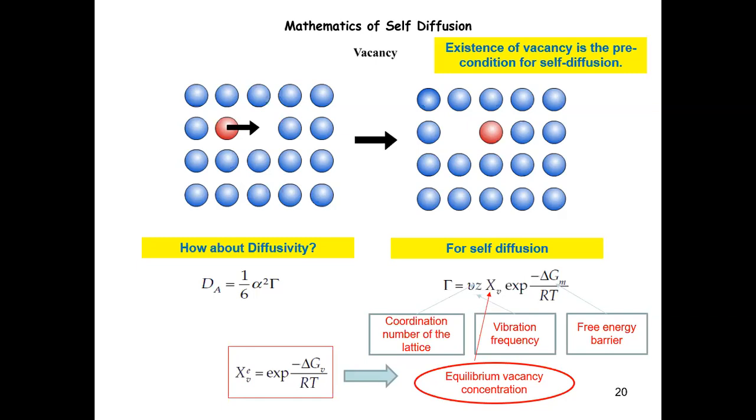Because, as we can see, if you create a vacancy, you increase the energy of the system, right? Yeah, they are equilibrium defects, because as we increase the temperature, vacancies are favored.